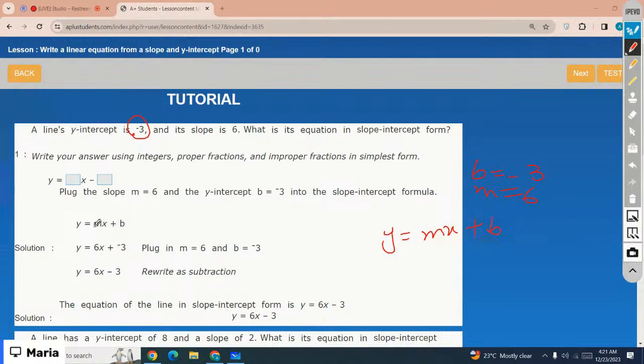Here is the slope and here is the y-intercept. That's why this equation is known as slope intercept. So you have to do y equals 6x plus, and the y-intercept is negative 3. So you can write the equation as 6x minus 3. Got it? The correct option is 6x minus 3.